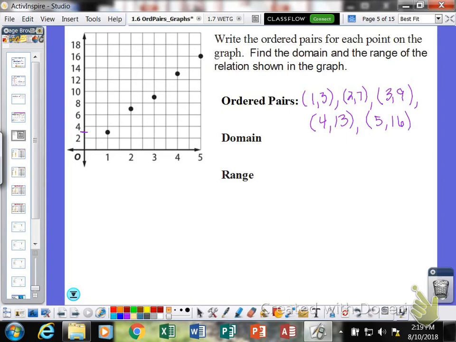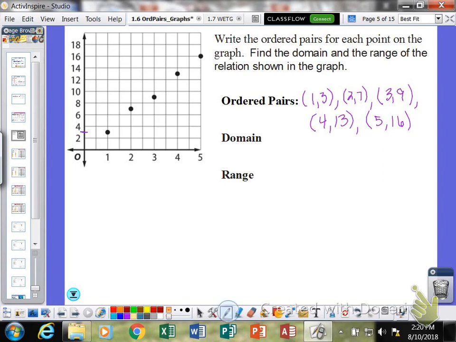There you go. So the domain would be all the x values. So I'm looking at all the x values here. So that's 1, 2, 3, 4, and 5. So my domain, 1, 2, 3, 4, and 5, close the squiggly.